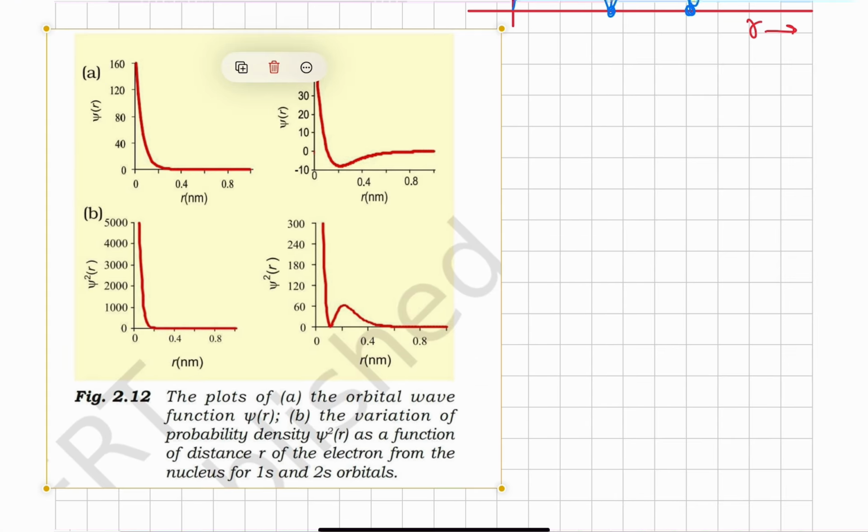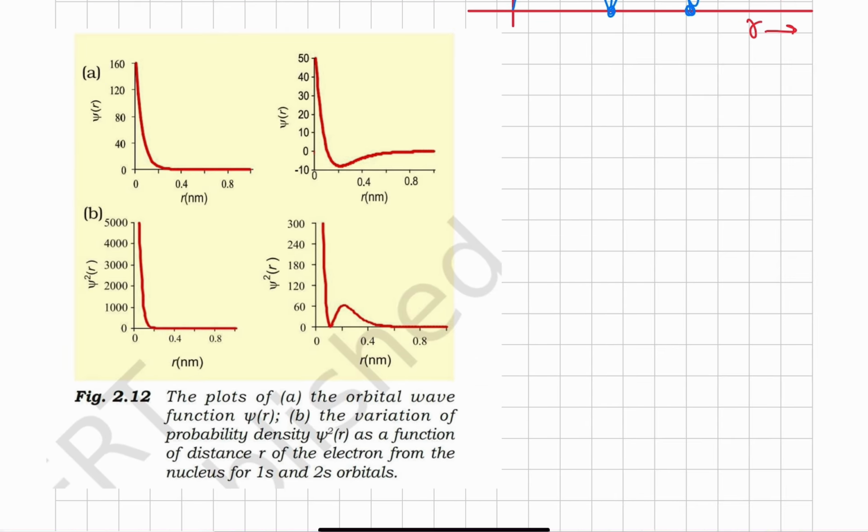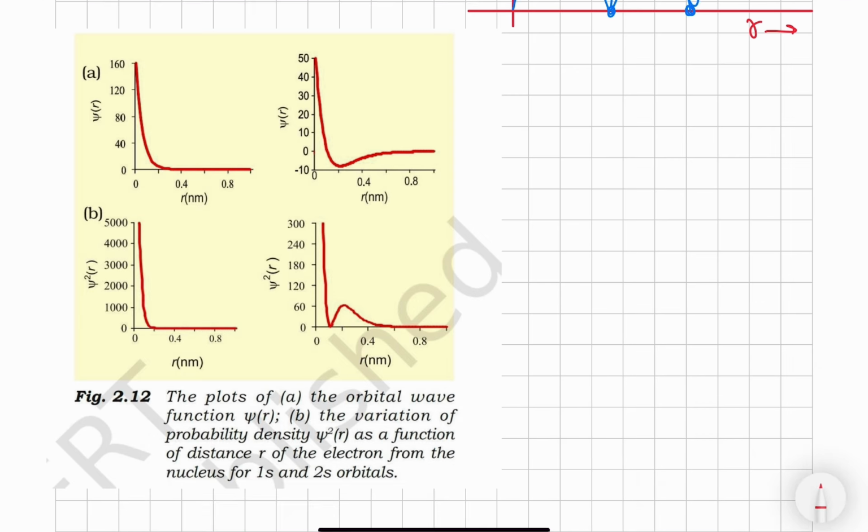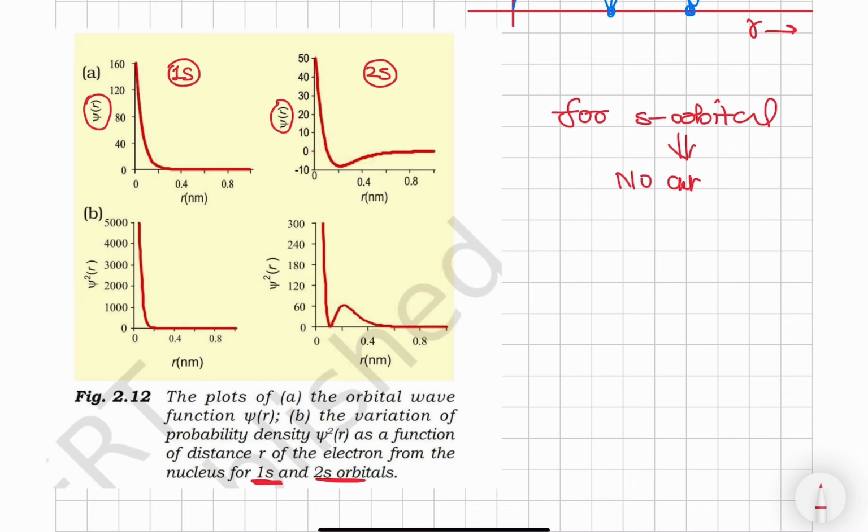So watch it. You can see this graph for 1s and 2s orbital. This graph is for 1s orbital and this is 2s orbital. But you can see here psi r, not R r, because for s orbital there is no angular function.